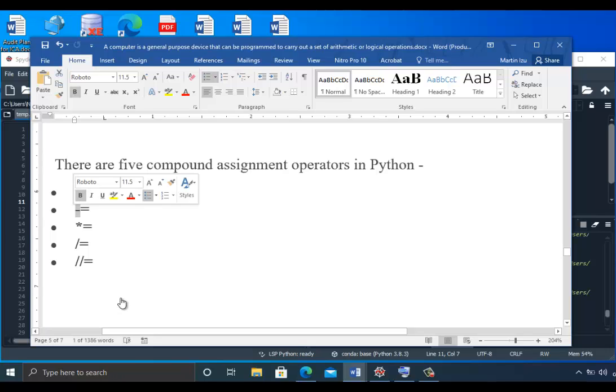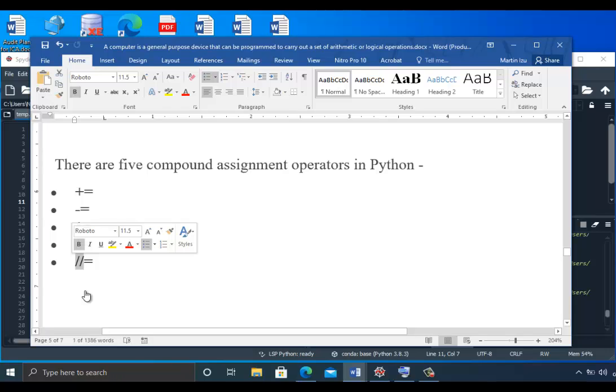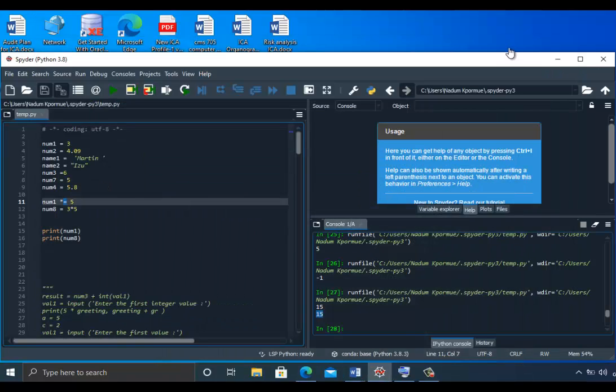Addition will be done before the assignment operation. Subtraction will be done before the assignment operation. Multiplication will be done before the assignment operation. Floating point division will be done before the assignment operation. Integer division will be done before the assignment operation. I hope this is clear enough.